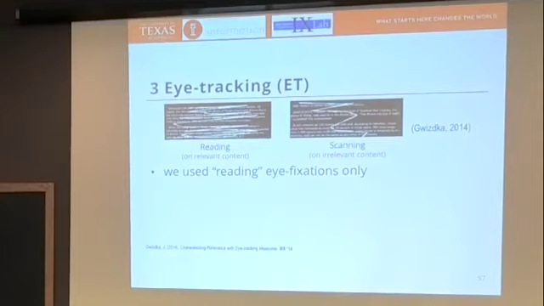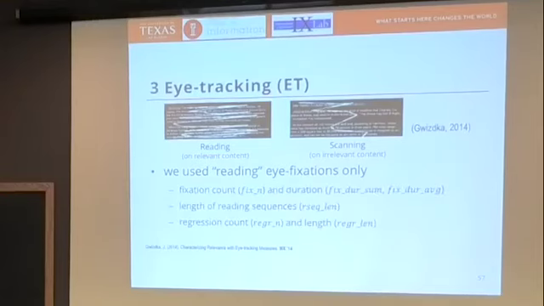And so the cognitive processes behind reading and scanning are different, so we want to distinguish them, and we hypothesize that people learn new words when they find something that's of interest, in focus for them. So we only consider the reading fixations from this data set. We don't use scanning fixations.